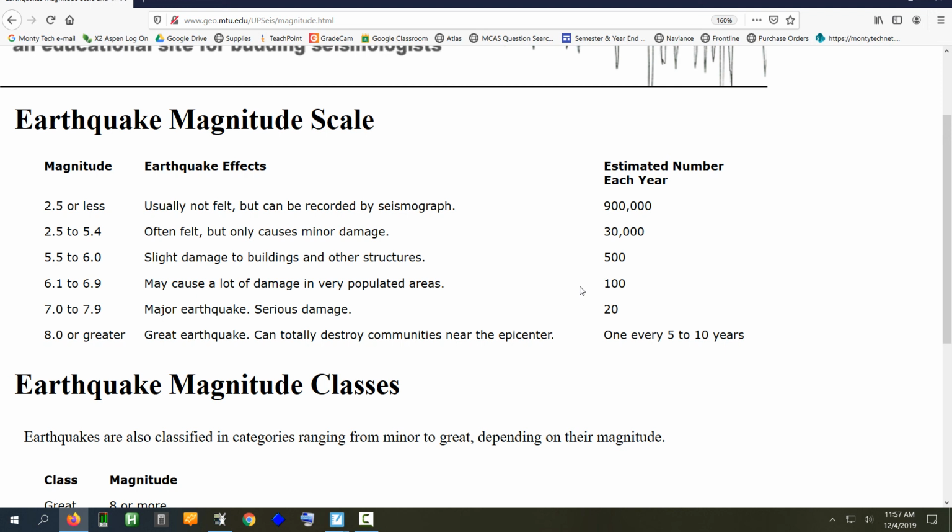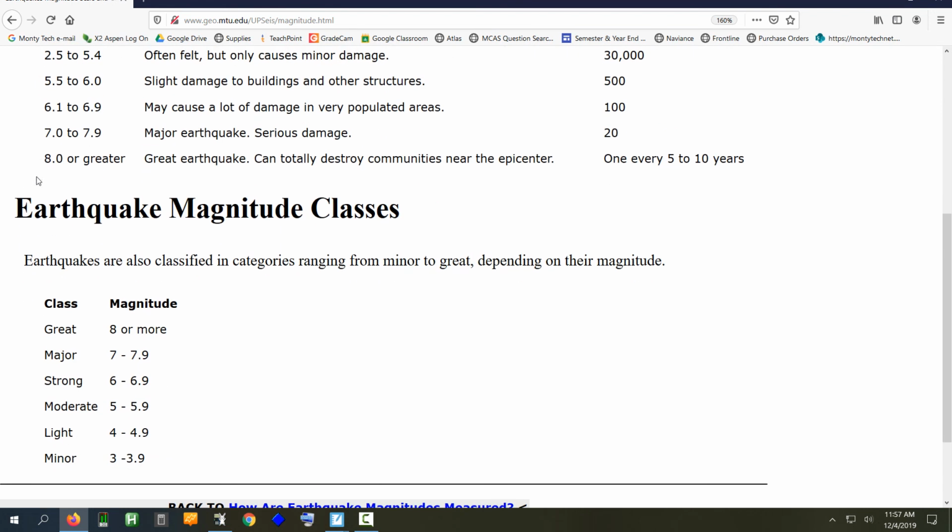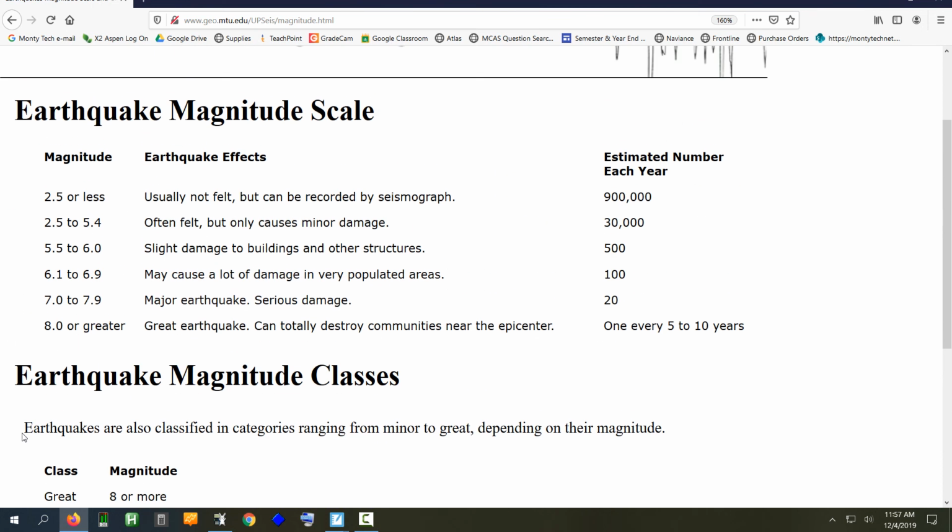So that says may cause a lot of damage in very populated areas, and usually there's about 100 of those earthquakes a year. So that's pretty powerful. I don't know what this magnitude class is. Well, I guess ours would be considered a strong earthquake. So pretty strong, but I mean not totally destroying everything like magnitude 8.